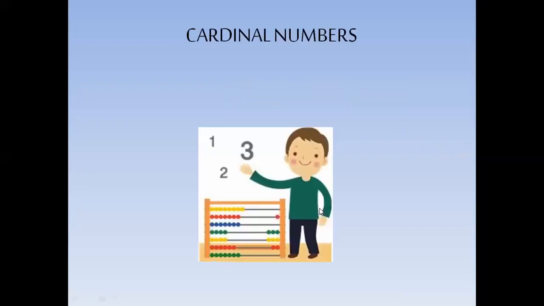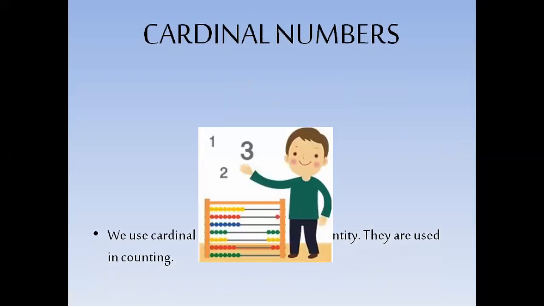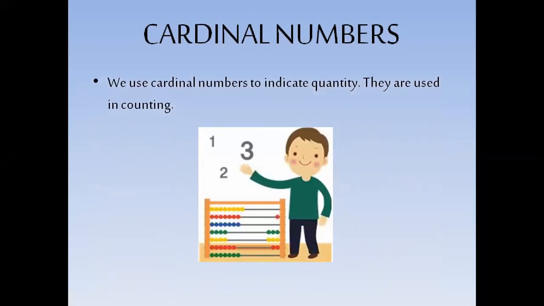Cardinal and ordinal numbers. So what are cardinal numbers? We use cardinal numbers to indicate quantity. They are used in counting. Like in the first question, we were saying that 36 is more than 24, so it is going to have more quantity.